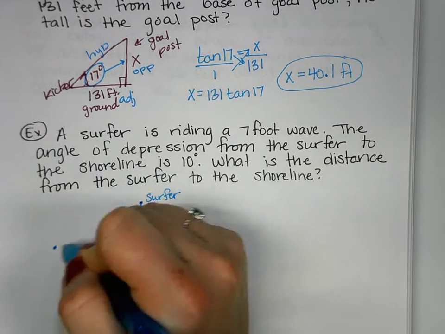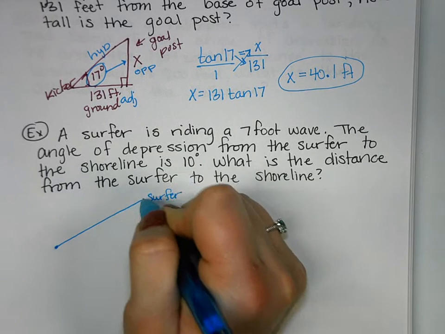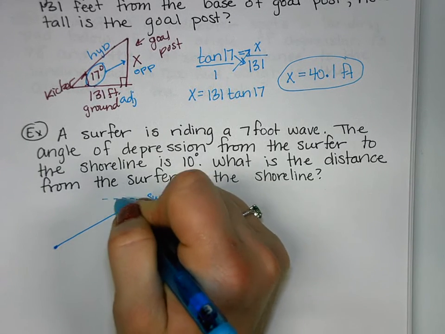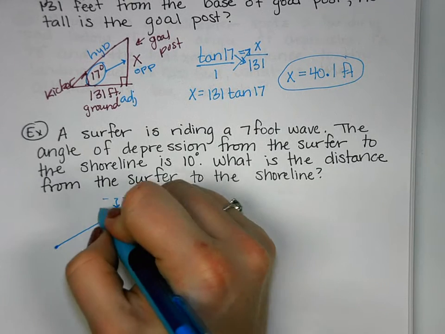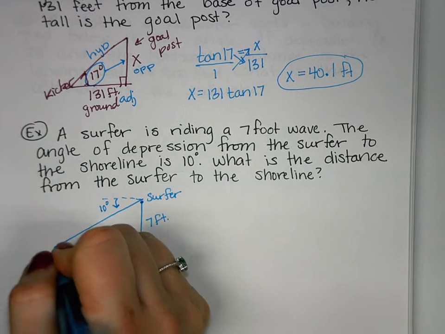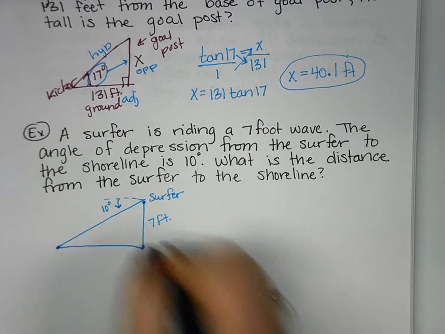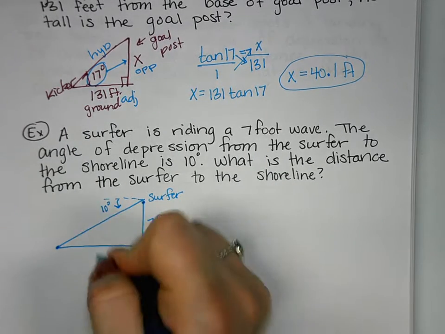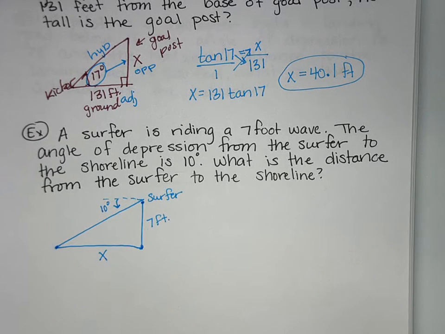The angle of depression, so instead of, if the surfer was looking straight, the angle of depression would be 10 degrees. So from that horizontal sight line, go down 10 degrees. That's your angle of depression. And it wants to know how far off the shoreline is the surfer.